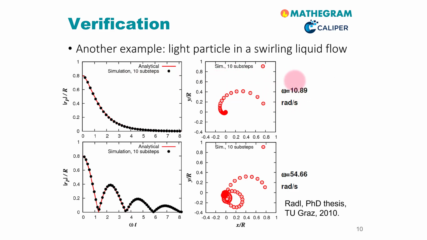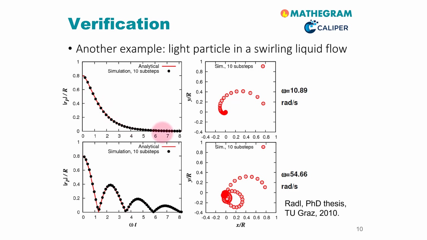Here at a slowly swirling flow, and on the left you see the distance of the light particle to the axis of the swirling flow. So this is the axis location, and this is a unit distance of 1. You see that over time, in this case for a slowly swirling flow, the light particle is steadily approaching the axis.